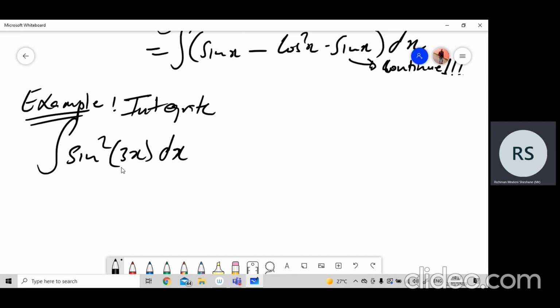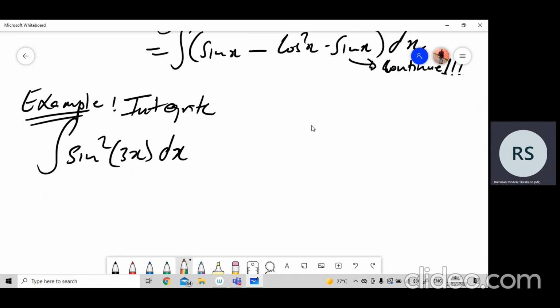Because we're integrating sine squared, we don't have the form of sine squared x, but we're going to use the same method as we did above for powers of sine, but instead of x, we have 3x. Since it's sine squared, we're going to use this identity.